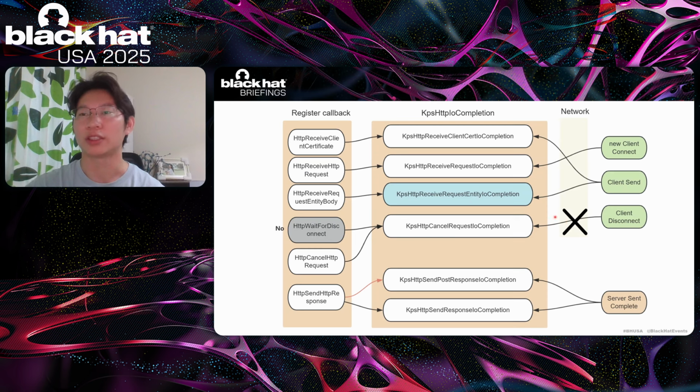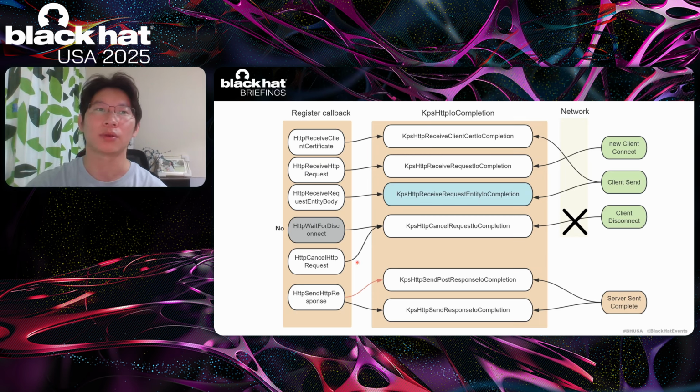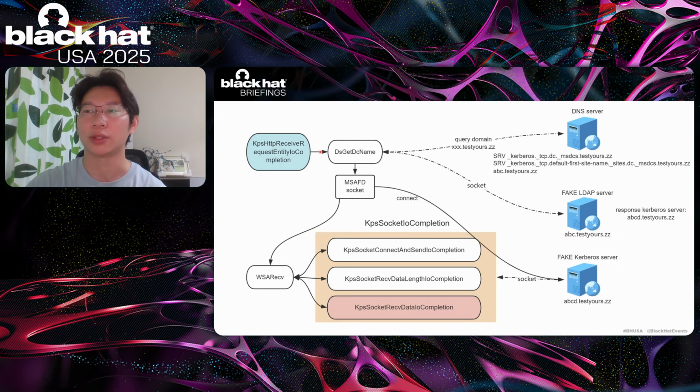When the server itself calls cancel HTTP request, it subsequently triggers the KPS HTTP cancel request IO completion callback function in a new thread. A server can use HTTP send response to send the messages to the client, and upon send completion, two callback functions are triggered.